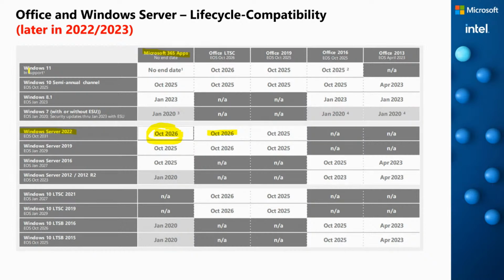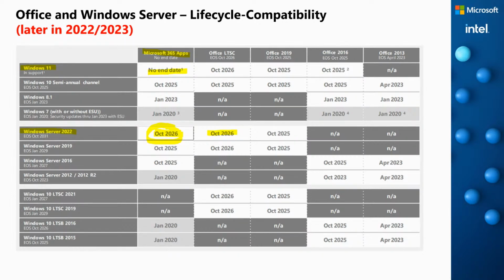Okay, and if you're looking for these new things like Windows 11 in combination with Microsoft 365 apps, you can do this in a virtual desktop infrastructure scenario. You can do this in Windows 365. You can use this in Azure Virtual Desktop, and you can use this in Azure Virtual Desktop on Azure Stack HCI. So there are many new options.